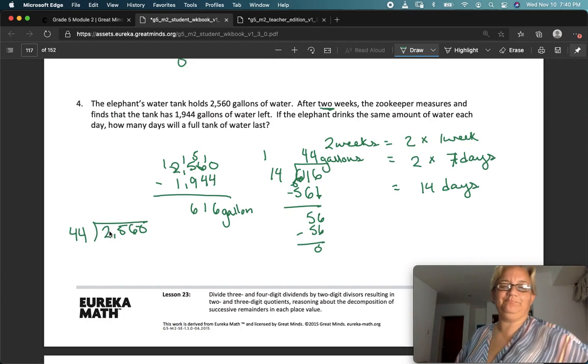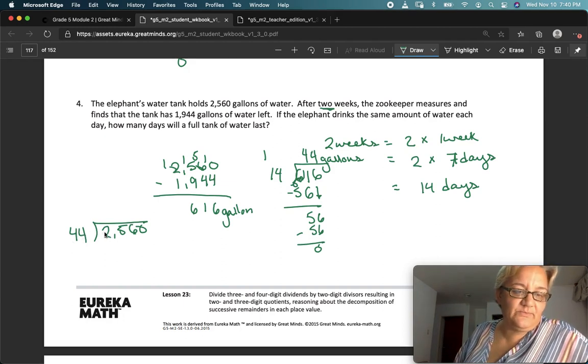Lots of steps. Okay, 44 will not go into 2. 44 will not go into 25. 44 will go into 256 approximately 1, 2, 3, 4, 5 times. Maybe 6 times. I don't think so. No, 5 times. 5 times 4 is 20.